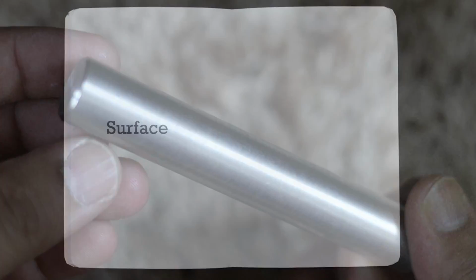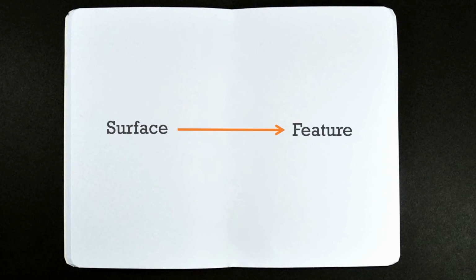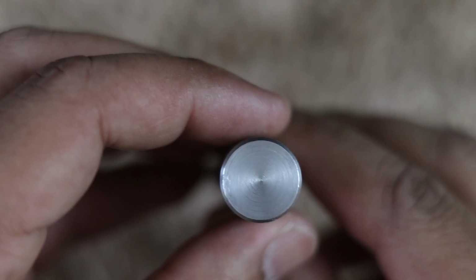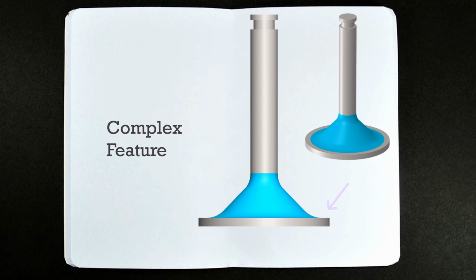In GD&T, surface means feature. Nothing is complicated. Now, a feature can also be a complex feature. Like here, this is a single surface, but it's a collection of curved surfaces. But again, this is just a feature, not a feature of size.